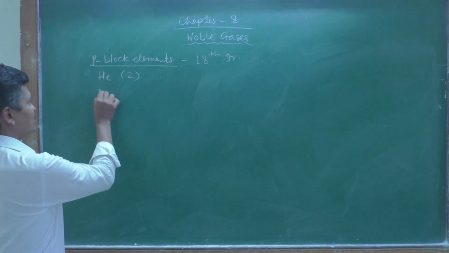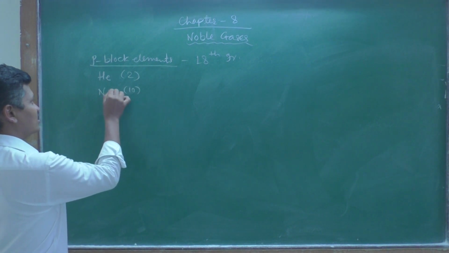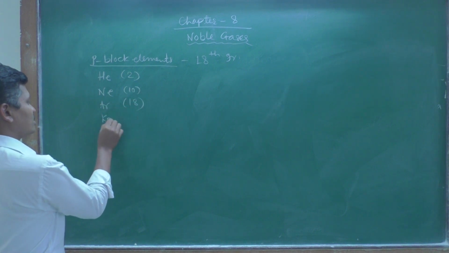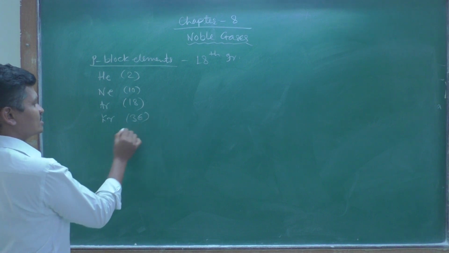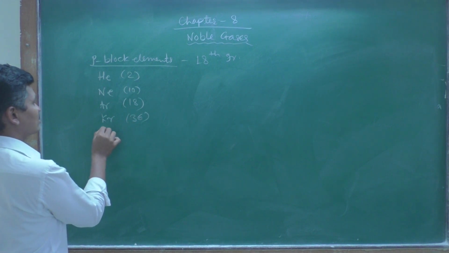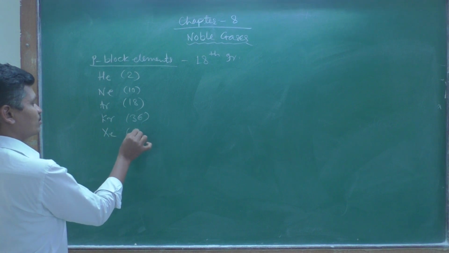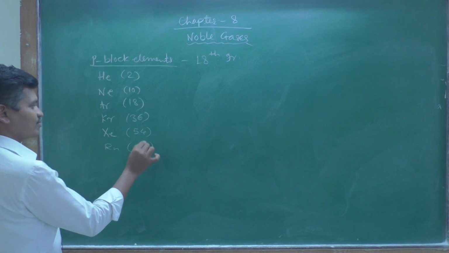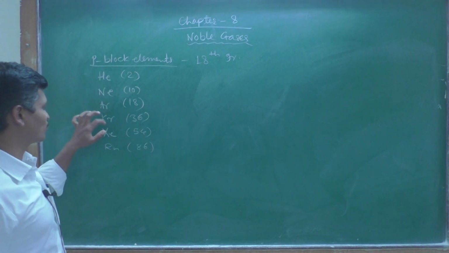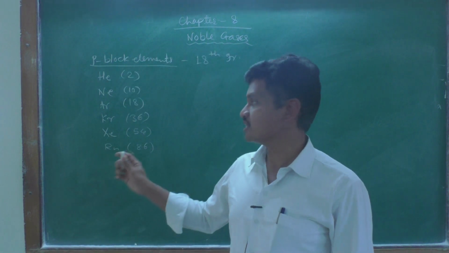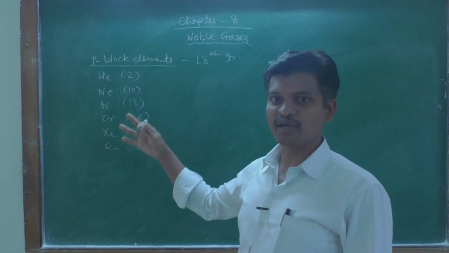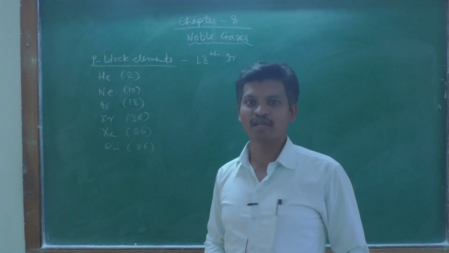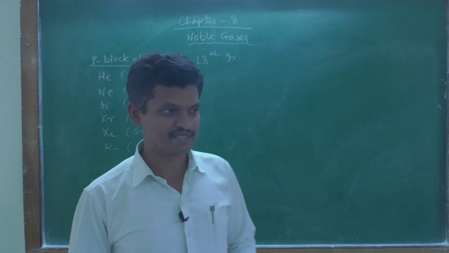The second one is neon, atomic number 10, argon 18, krypton 36, xenon 54, and the last one is radon 86. So these 6 elements constitute a group known as the 18th group of elements, and all these elements are known as noble gases.